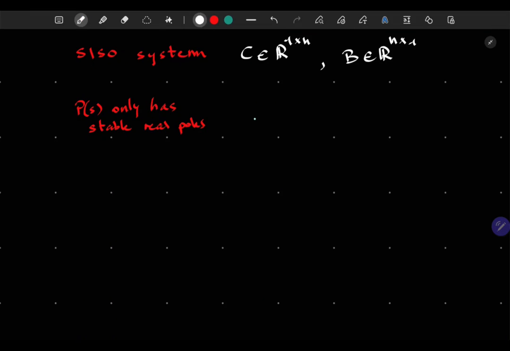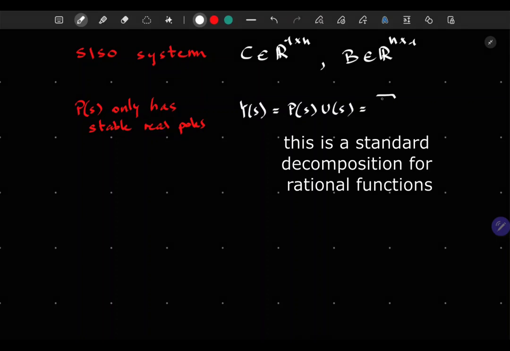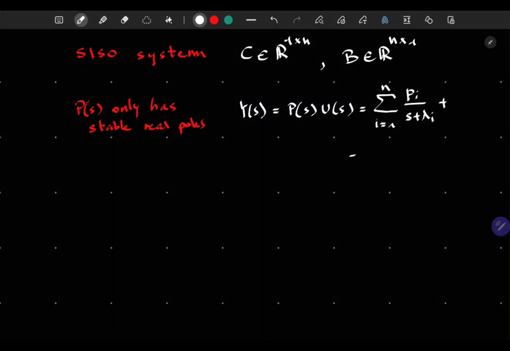And we can write y of s in the following form. So we have a sum of terms in the form p_i over s plus lambda_i. The p_i are the so-called residues associated to the lambda_i eigenvalues. Plus we have two more residues which are associated to the terms 1 over s minus i omega and 1 over s plus i omega, which come from the sinusoid in the input.